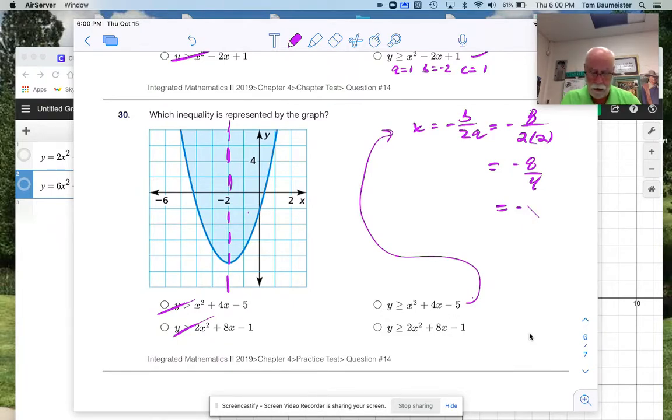Oh, sorry, I actually did do this one, my bad. I'm too tired to edit this, so I would have done that one there. And you see that that does work. So that one is our answer. So that's -2, and that's where our axis of symmetry was.